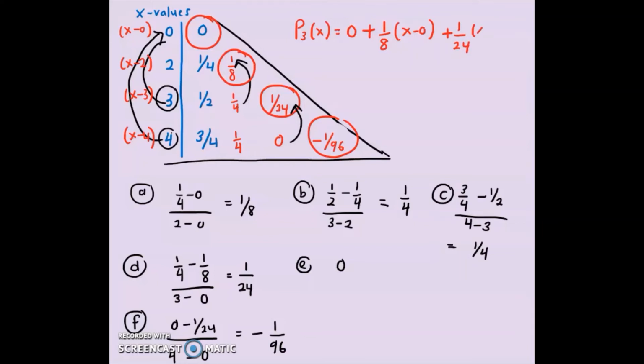I have x minus 0, x minus 2, plus negative 1 over 96. Now I have to consider x minus 0, x minus 2, and x minus 3. So x minus 0, x minus 2, and x minus 3.